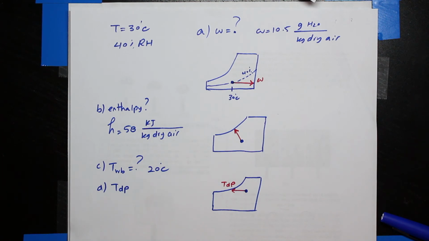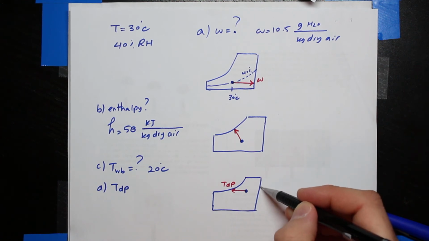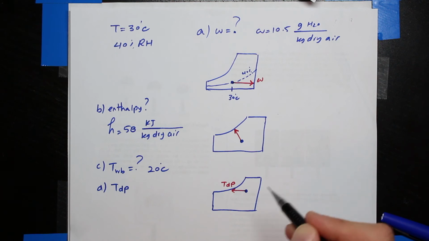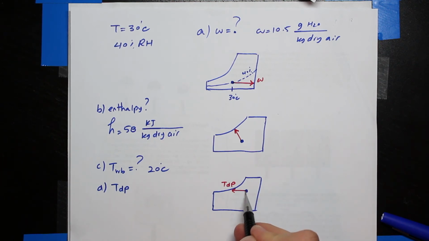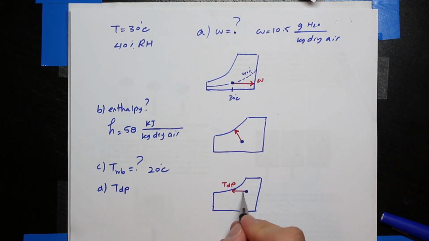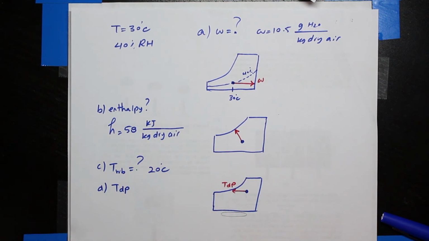In that concept, we are not really changing the moisture content, which is the vertical axis on the right. So we shouldn't go in the vertical direction. We should keep the vertical position the same and go horizontally to the left, because by going to the left, we also decrease the dry bulb temperature. We reduce the temperature of the mixture.